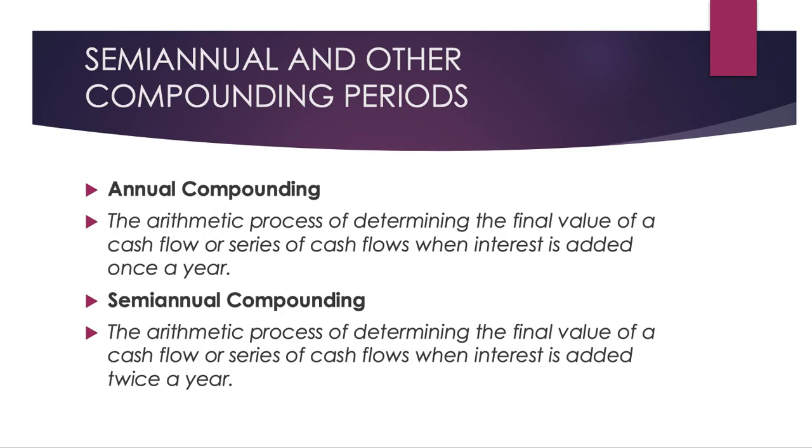And then we have the so-called annual compounding. Basically, this is the process of determining the final value of a cash flow or series of cash flows when interest is added once a year. Imagine that you invest some money in the bank, let's say a deposit account, that's the simplest example.